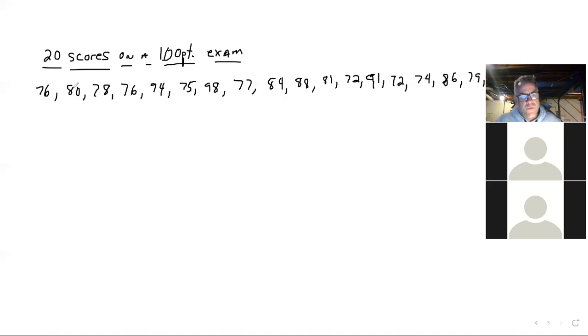So it should be 20 scores. Let me count: 1, 2, 3, 4, 5. This one was a 90. It's not a 70, it's a 94. All right, so 1, 2, 3, up to 20. There are 20 scores there.